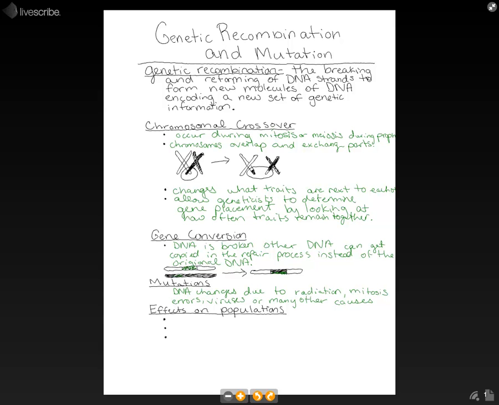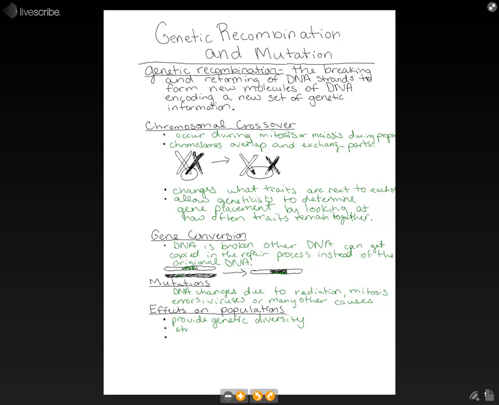One thing it does is it's going to provide genetic diversity. It's going to mix up the genes and allow for different combinations.